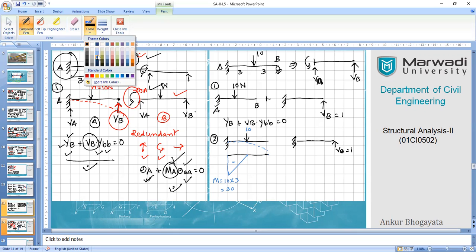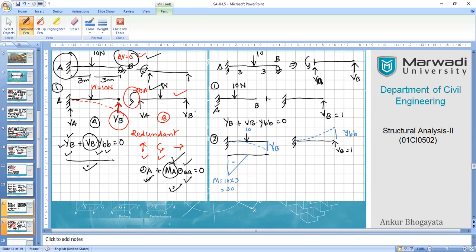You should have a notion of that also. It will be creating deflection in the upward direction. This we can say capital YB, and this we can say small YBB, and that is due to the VB force.